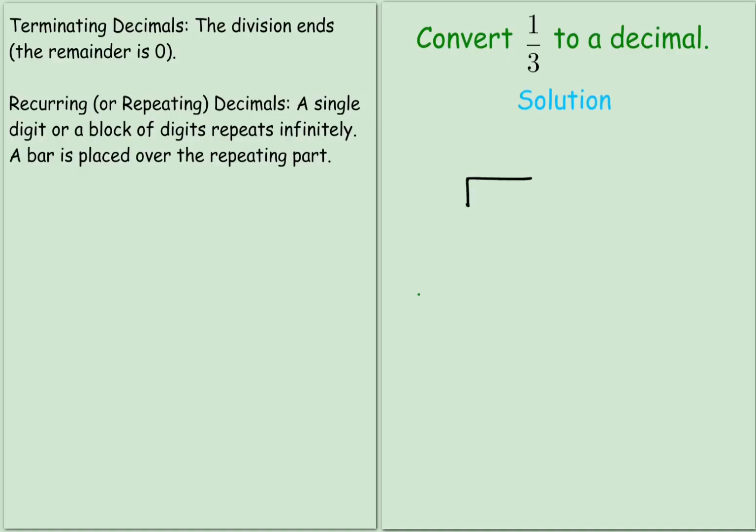So 1/3, we have 3 outside, that is our divisor, and then we have our 1 here. 3 divides 1, 0. Hence you have 3 times 0 giving you what? 0. If you subtract, you have a remainder of what? 1. Now we would want to continue so that there will be no remainder.